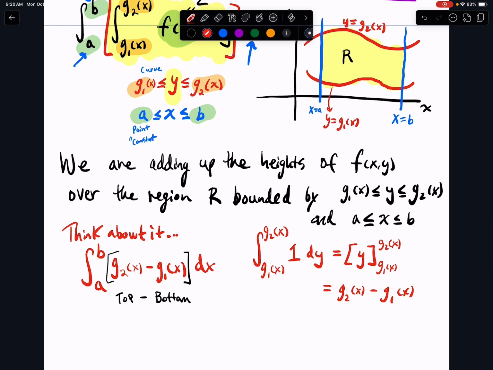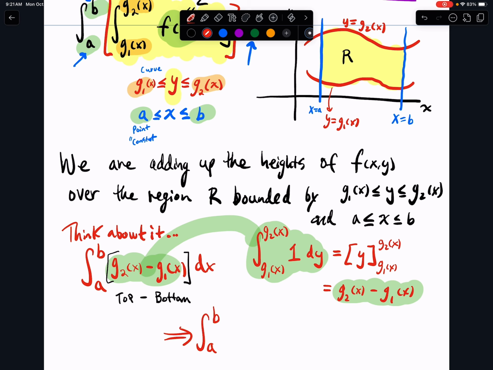Now, what do you notice? This is the same as this. So I can plug this in for that right there. And what's that going to get me? That's going to get me the integral a to b, the integral g1 to g2 of 1 dy dx.